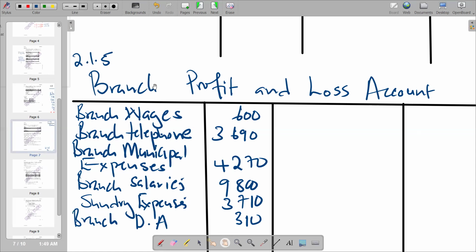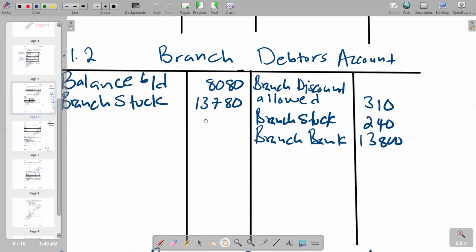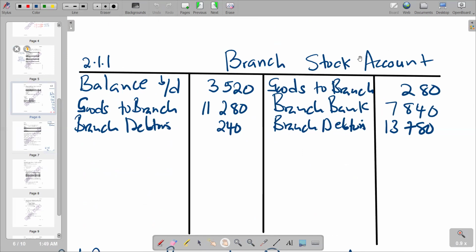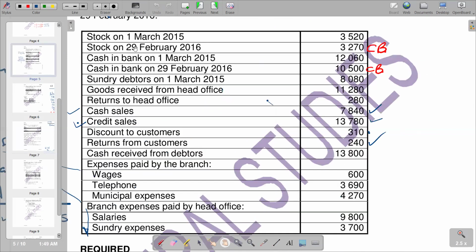There is an amount that is supposed to come from the branch stock account to the branch profit and loss account. So we go back to the accounts that we have. We can start with the branch stock, whereby we still have the closing balances. Remember that we indicated here, branch stock credit closing balance is 3,270, which is going to be our balance c/d.